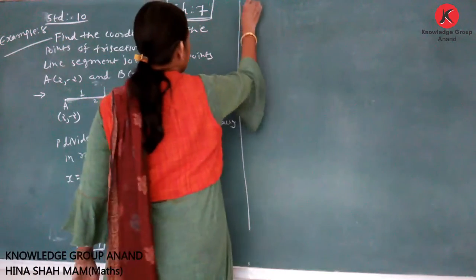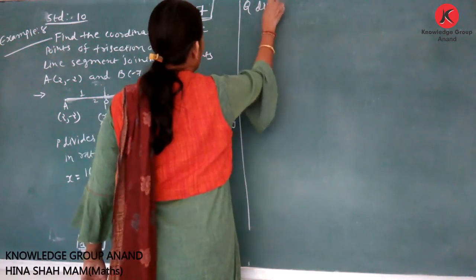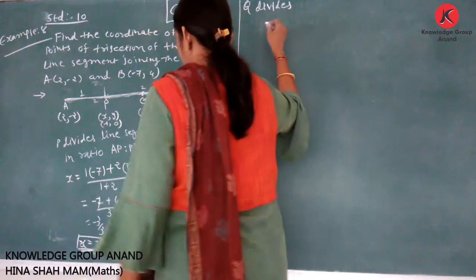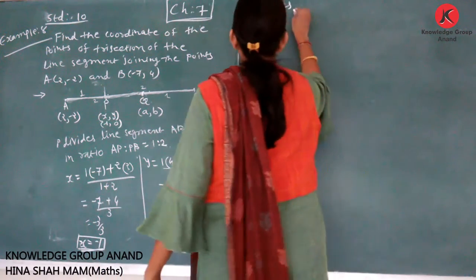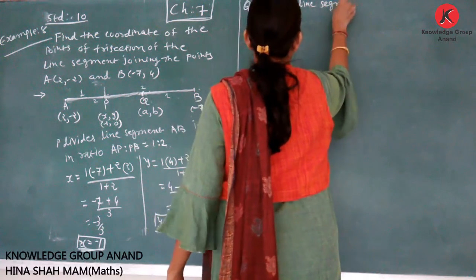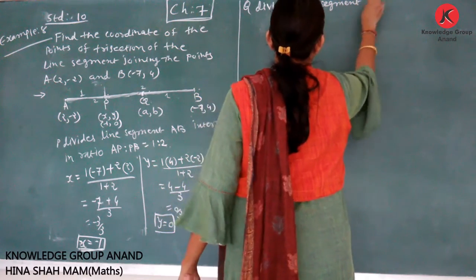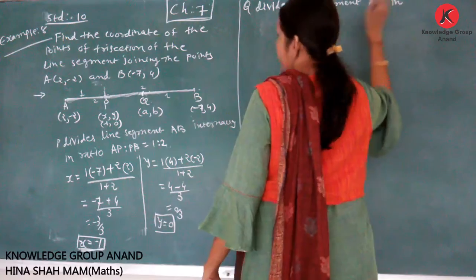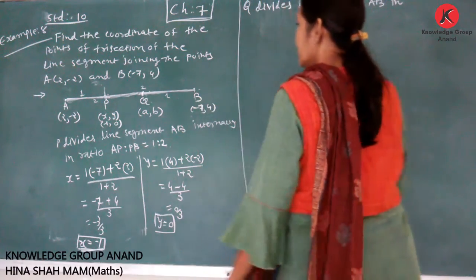Q divides line segment AB internally in the ratio 2:1.